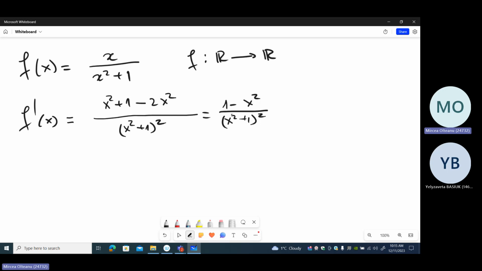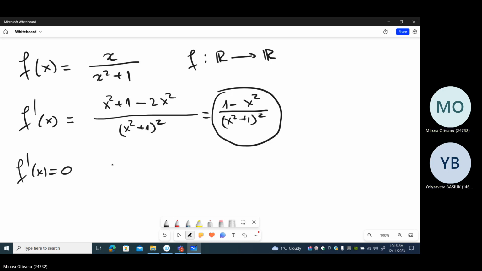Okay. Did you compute it? Oh, yes. I have the same. You have the same value, yes, as here. Okay. Now the next step is to do what? To solve the equation f prime of x equals 0. Yes. Solve it.